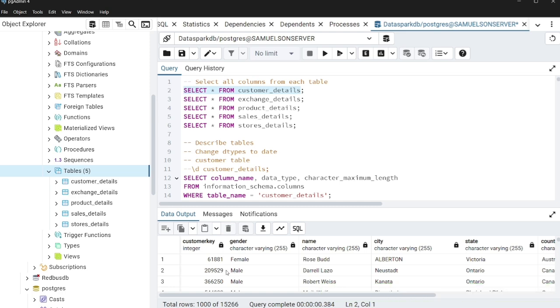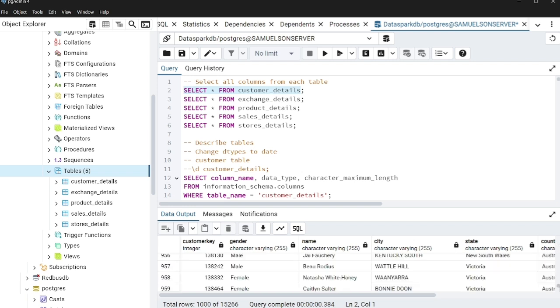You can see here when I run it, it shows the values. 15,266 total rows are there. You need to load it, and then only it shows. Whenever you load the table it will show. Like that we have 5 cleaned datasets.